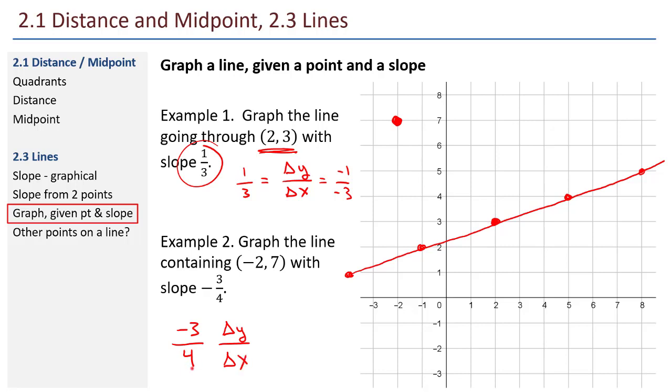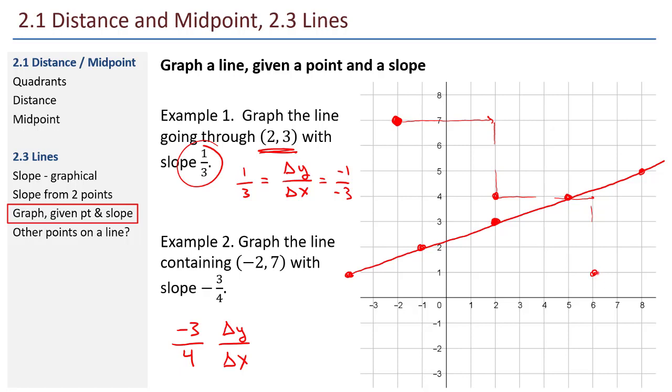So my x will increase by 4 and my y will decrease by 3. So my x increases by 4 and my y decreases by 3.